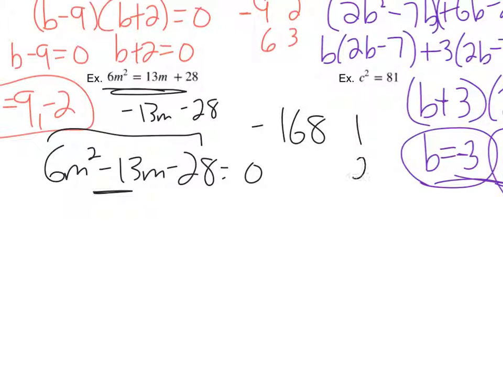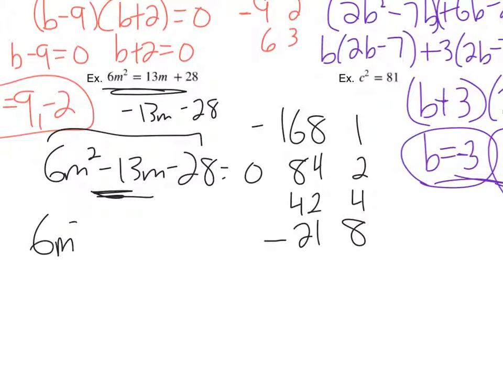So I can start playing around with it. 2 and 84, double that, half that. So that's going to be 42. You know, I can go 8 and 21. Well, 8 and 21 is 13. But I've got to keep looking around because I've got to get a negative 13. So if I go negative 21 plus 8, that'll do it.